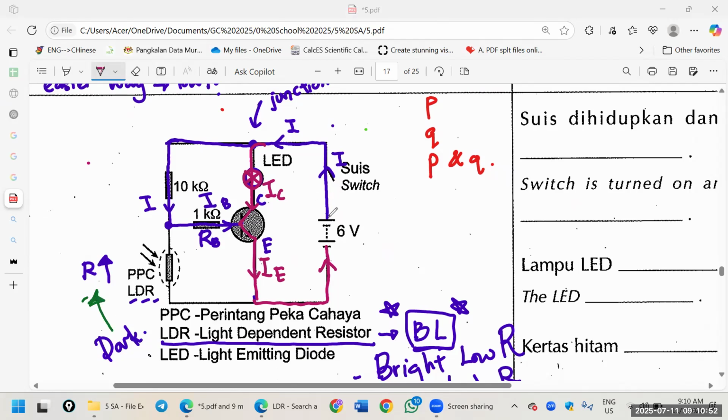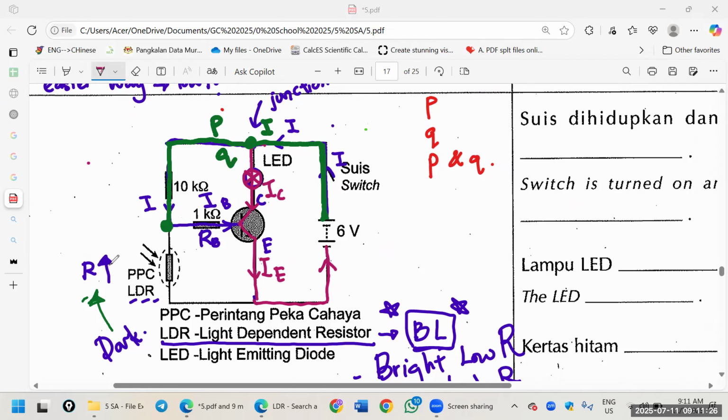Now the current will flow out here and then reach this junction. Will the current go P or Q, or P and Q? P only because no IB yet.